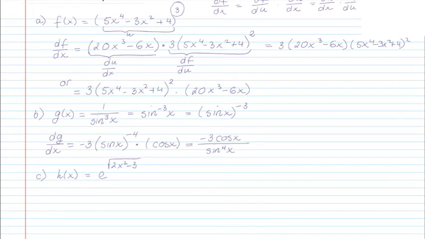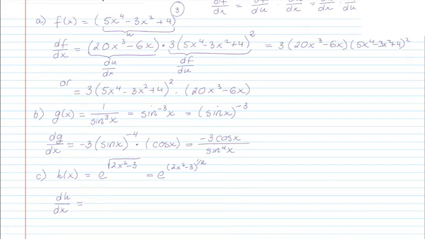So I am interested in what is the derivative of h with respect to x. Well, I have a square root symbol in there, so the first thing I should do is rewrite it in power form. So this would be e to the power of 2x squared minus 3 to the power of 1 over 2.